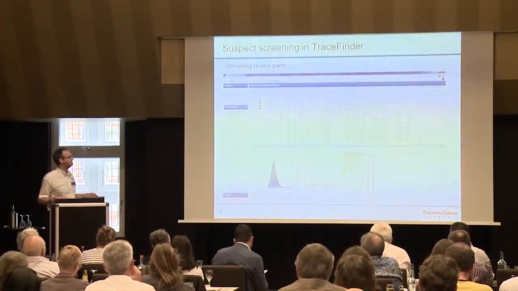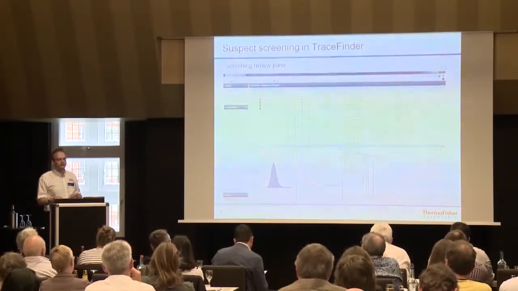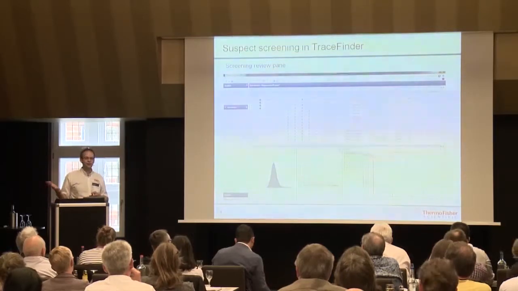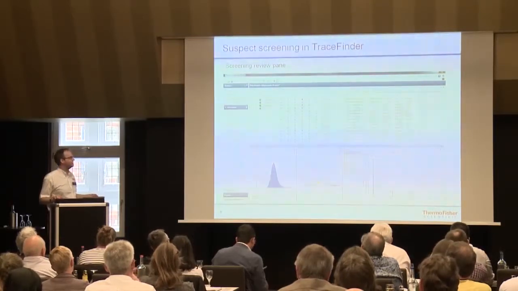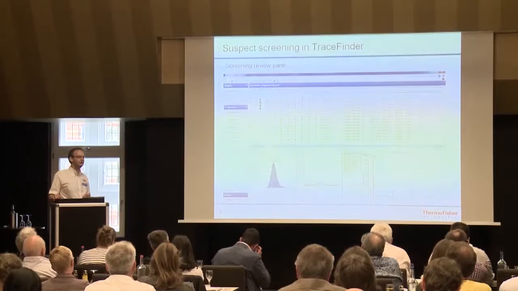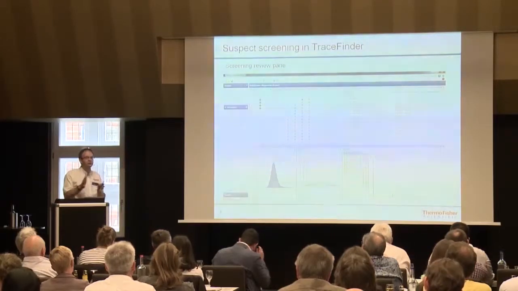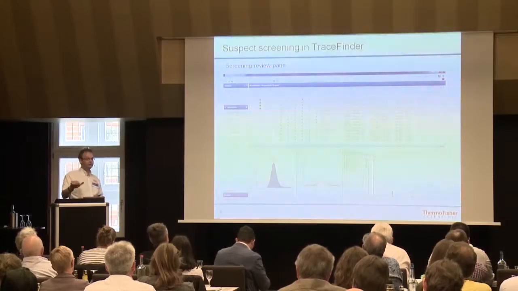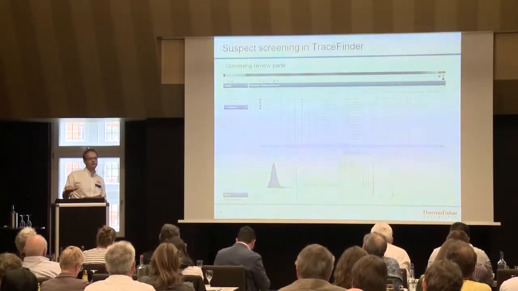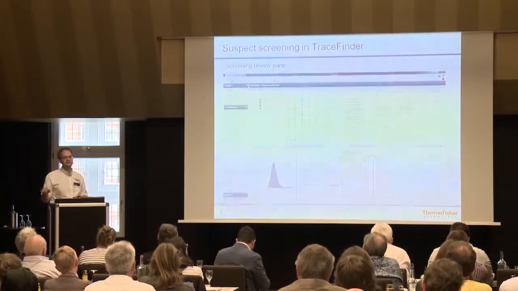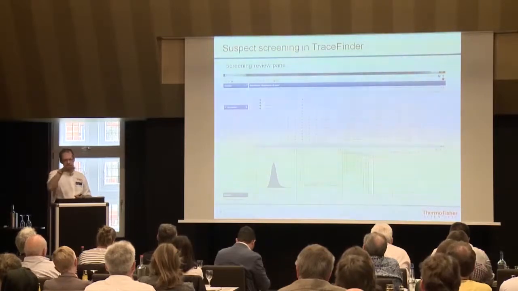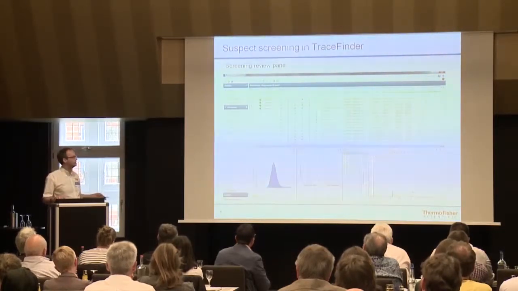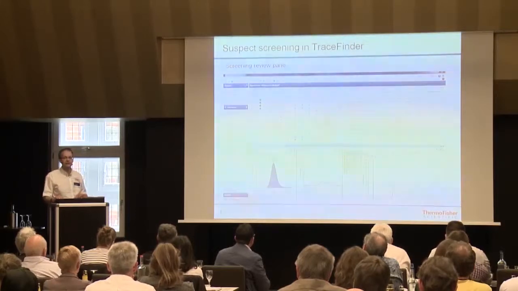Here it's run as a screening, so we have the main identification peak, and then we get the fragment ions, which have been observed in the background. You can see the ion overlay, so you immediately can see if the fragments are really co-eluting or not. There's a difference to the earlier versions where you just got the notification, okay, fragment ion is there or not. But looking into it in detail showed in many cases that this fragment ion was just background, just constant, and it didn't elute together with the main peak, and of course it has to.